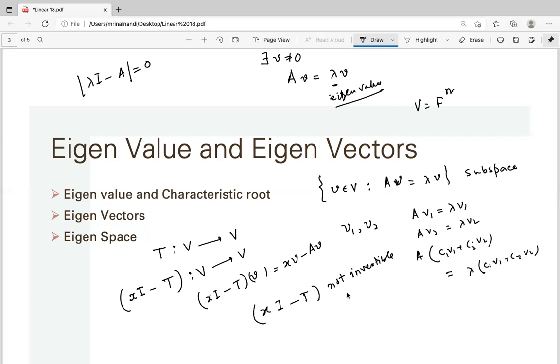So if we have such an x such that xI minus T, that linear operator, has no inverse, then we say x is the characteristic root or characteristic value of that linear transformation. So we can generalize this. Now there is no question of matrix and no question of finite dimension.